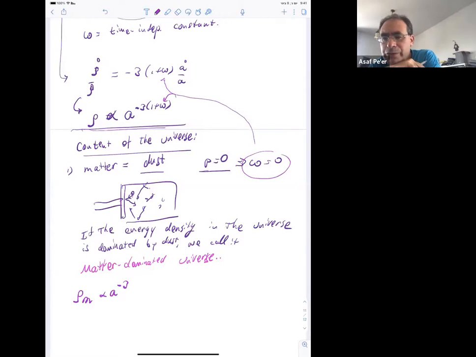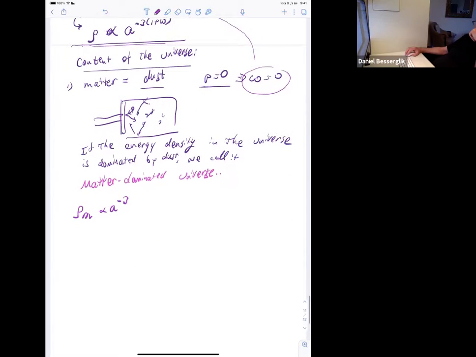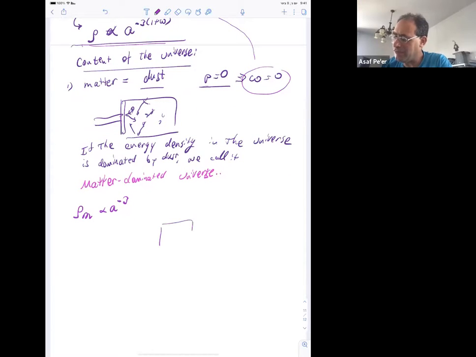So what would be the physical interpretation of that? Quite close. What's the physical interpretation? The volume grows, the density drops. Thank you. Let's say it in English. You have a volume element, and there is some dust inside.